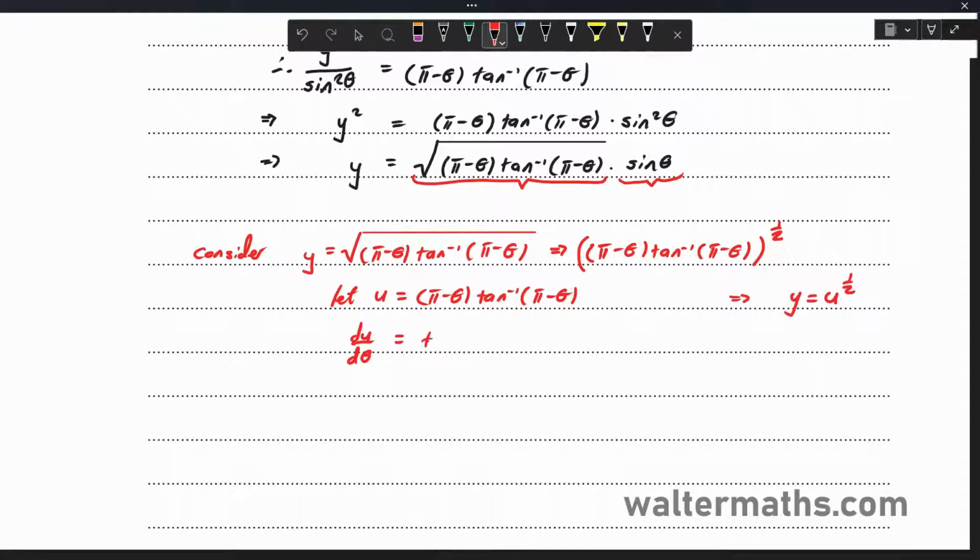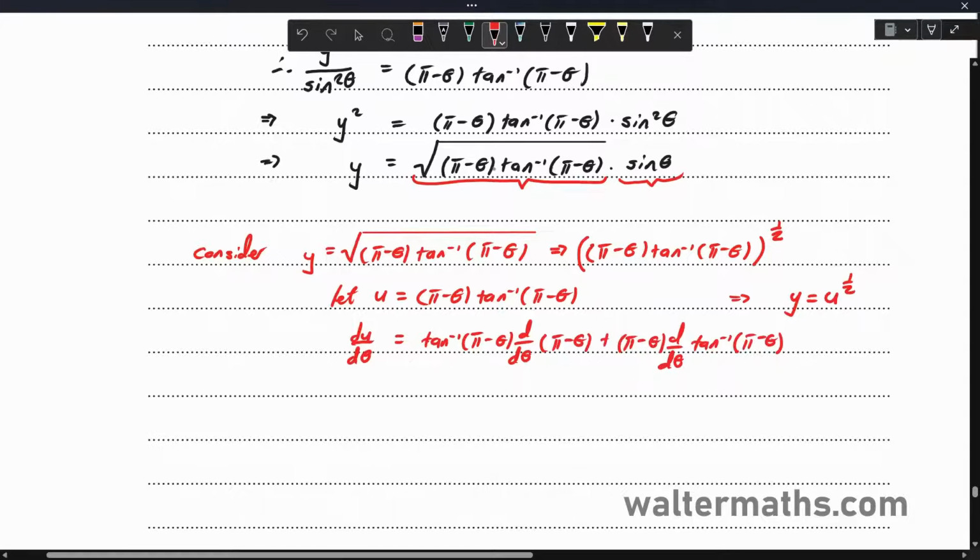So let's find du by d theta. We'll need this for the chain rule. It's arctan(pi minus theta) times the derivative with respect to theta of (pi minus theta), plus (pi minus theta) times the derivative with respect to theta of arctan(pi minus theta).